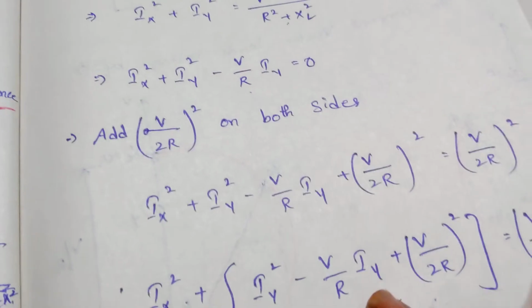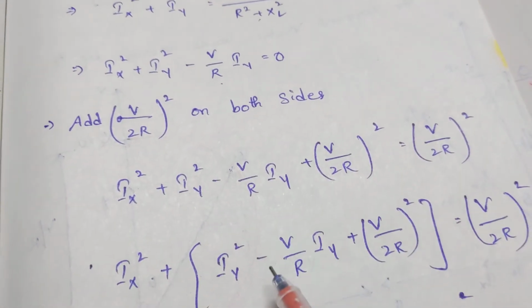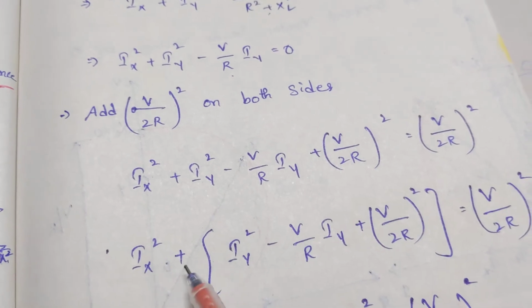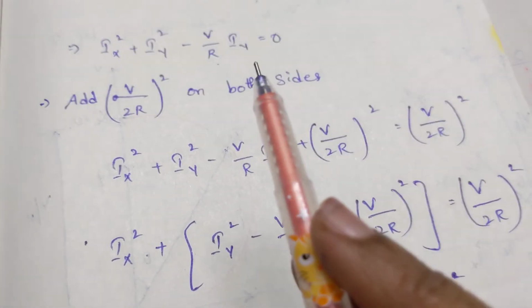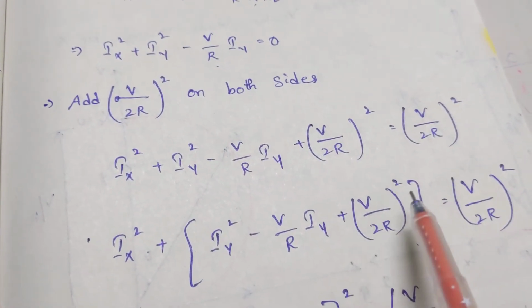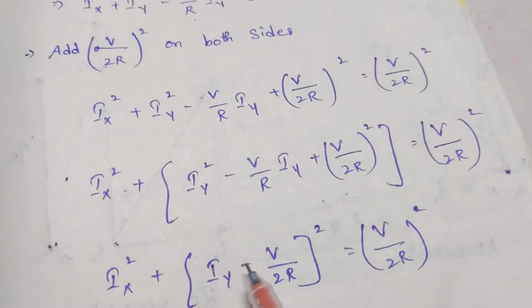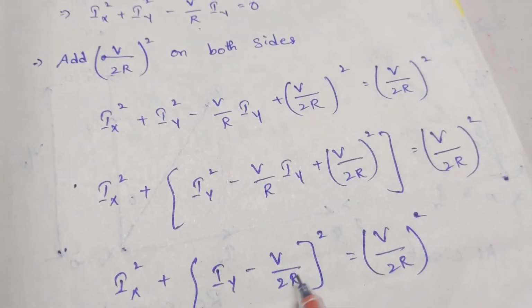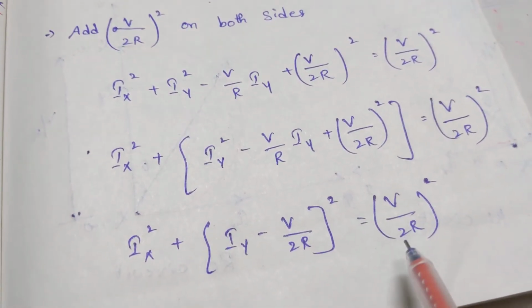By rearranging, the equation becomes Ix square plus Iy square minus V by R Iy, which is already available, plus V divided by 2R whole square, which we added. This equation forms Ix square plus Iy minus V by 2R whole square equals V divided by 2R whole square.